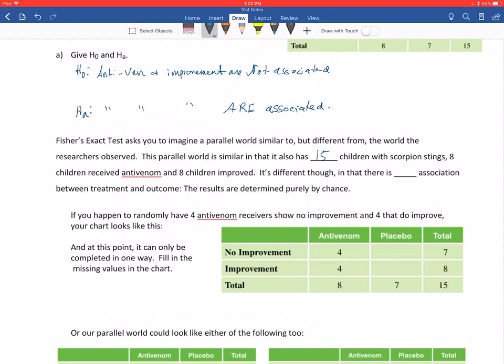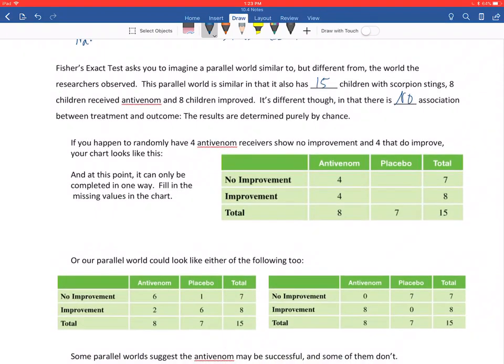It's different in that we know for sure in this parallel world there is absolutely no association between the treatment and the outcome, and the results are completely by chance. If you happen to randomly have 4 of your antivenom receivers get better and 4 not, your chart would look like this.